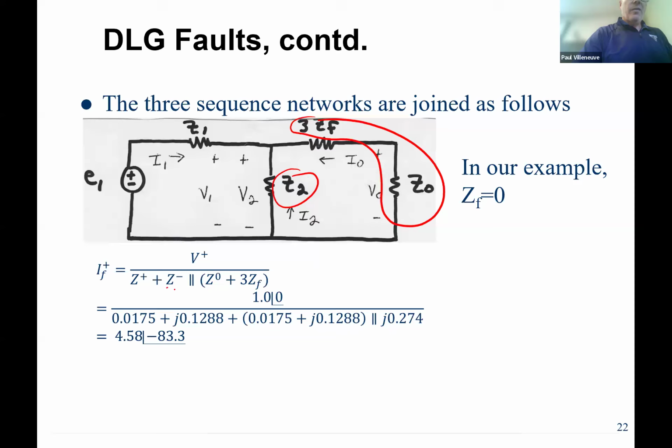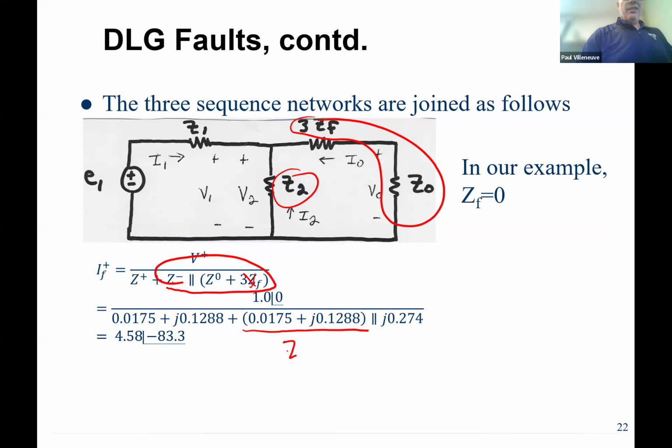So if you'll notice over here, I have Z2 in parallel with Z0. Then I add any 3ZF. For the example that we're doing in class, we're going to state that there's no fault impedance. ZF is equal to 0. So we can simplify this one a little bit. All right, so that's what we have over here.